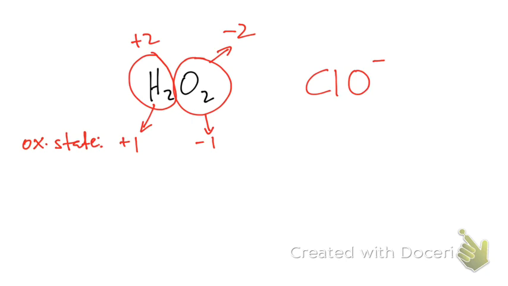Which one would be the higher priority? So we have oxygen takes higher priority because chlorine is a group 7, right? It's a halogen. And so oxygen here, we have 1 oxygen, and it has an oxidation state of -2.